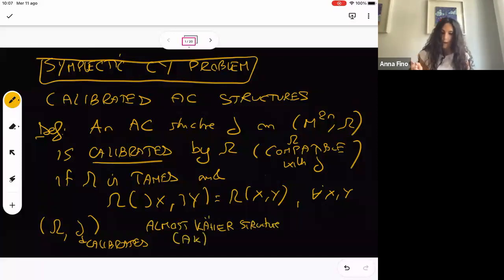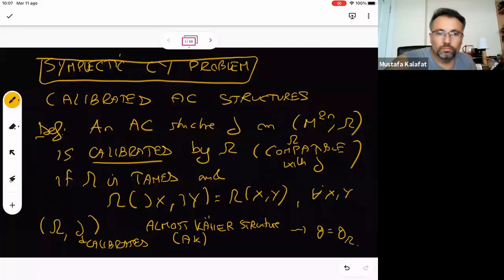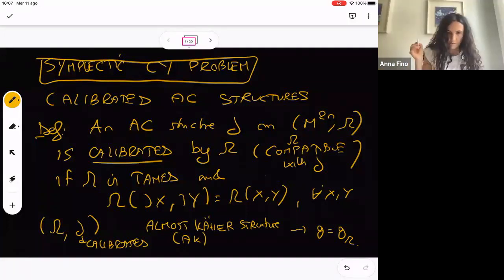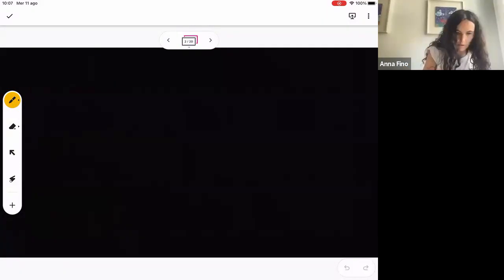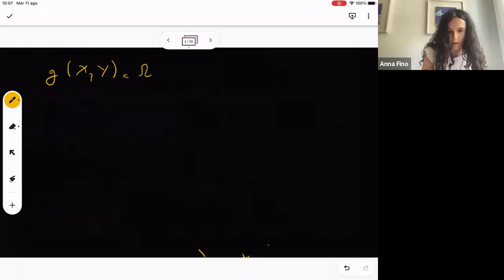As we already did, in a natural way, we can define a metric associated to this structure. So we have a metric g, which is induced essentially by omega and J, and by the convention that we use, g(x, y) is just omega(x, Jy).